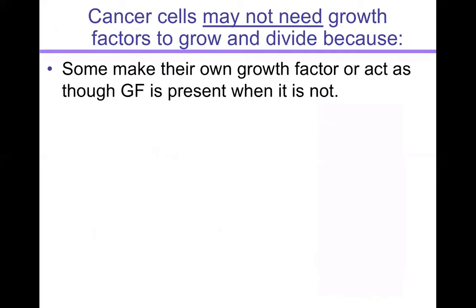Okay? So if we think about what we learned from her cancer cells, we realize that cancer cells may not need growth factors. And in fact, some studies suggest that some cancer cells are able to make their own or act as if it's present, even though it's not.